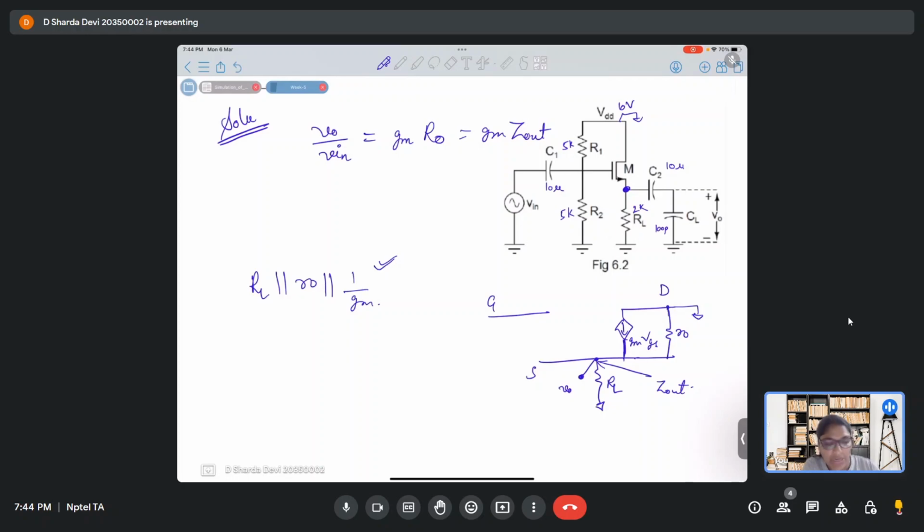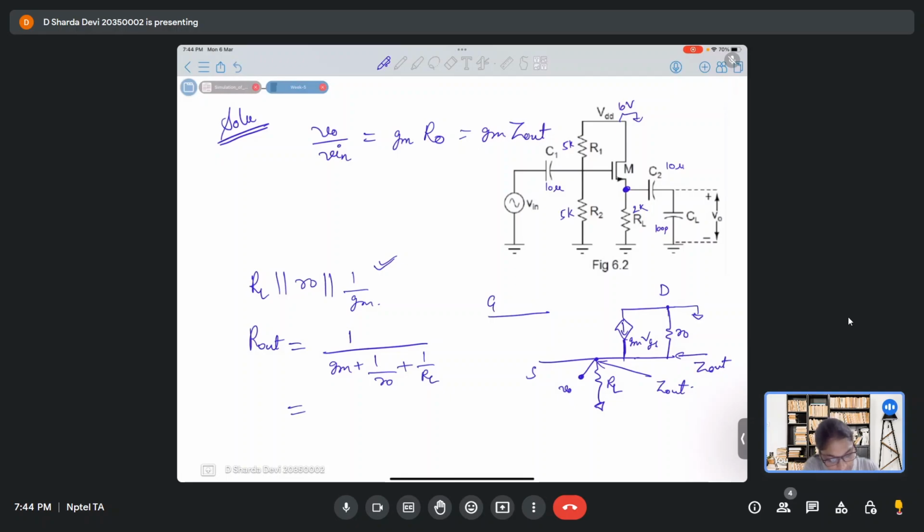So ground will always become a common ground. When we see Z out from this node, we'll see RL parallel R naught parallel 1 by GM. So R out will actually become 1 by GM plus 1 by R naught plus 1 by RL.